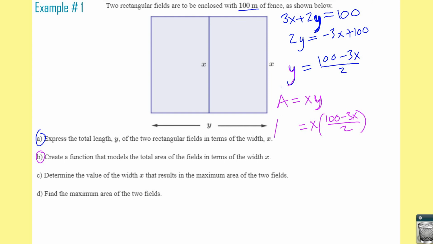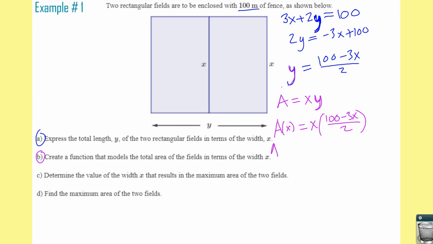So now we wrote the area in terms of x, A of x. So A of x equals length times width. So that's our function.